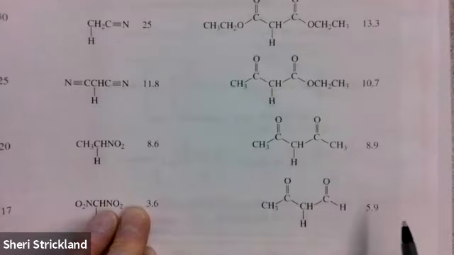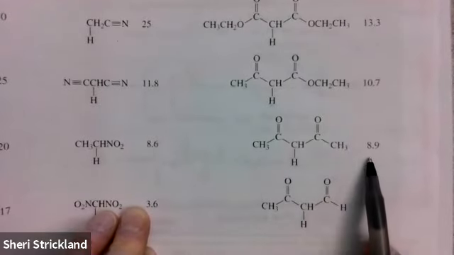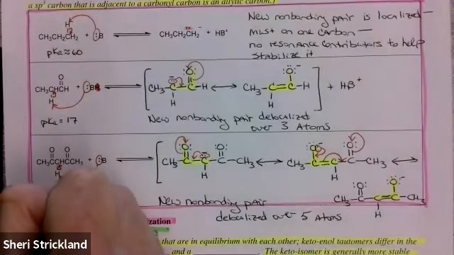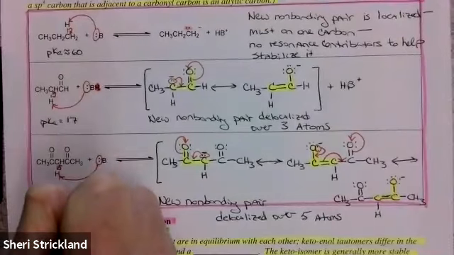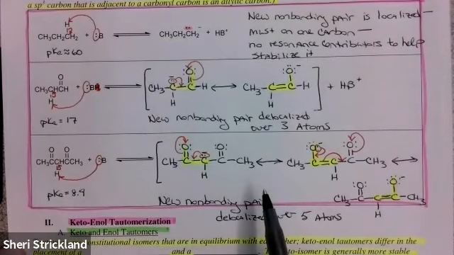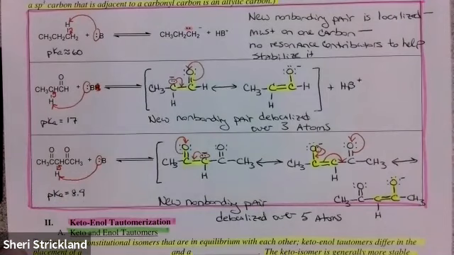Okay, so the one that we're dealing with right now has the two ketones. That's 8.9. So this compound is more acidic. It's more willing to donate a hydrogen cation because the conjugate base is more stabilized by resonance. All right, and we're going to see that as one of the big themes in this chapter.